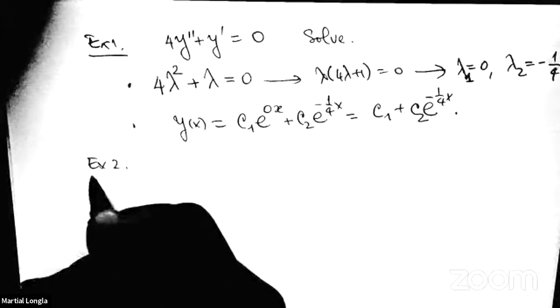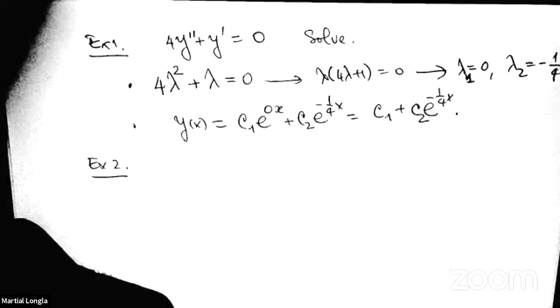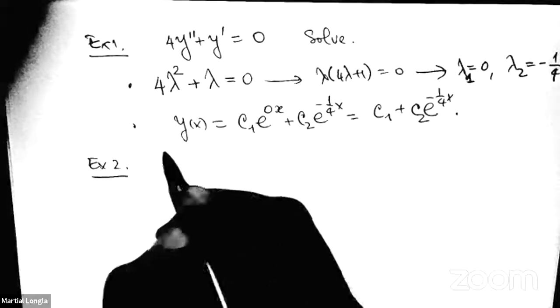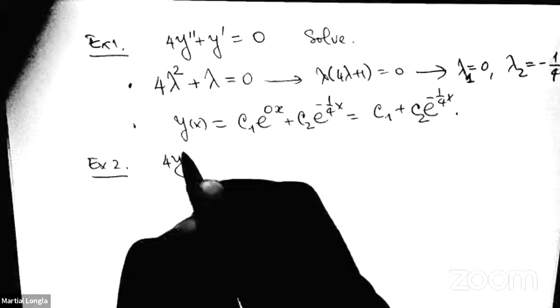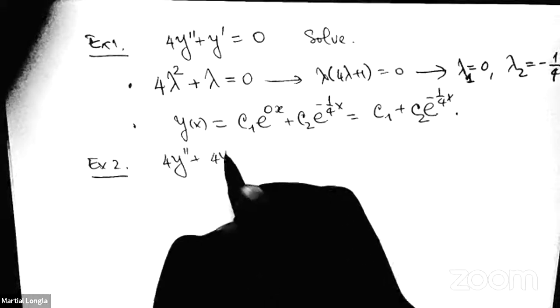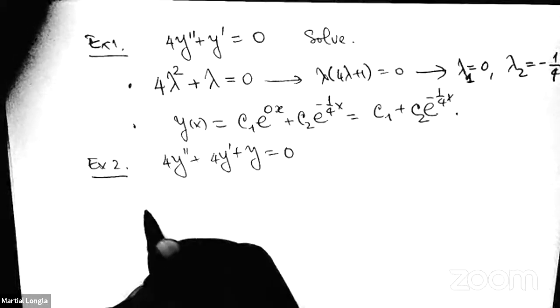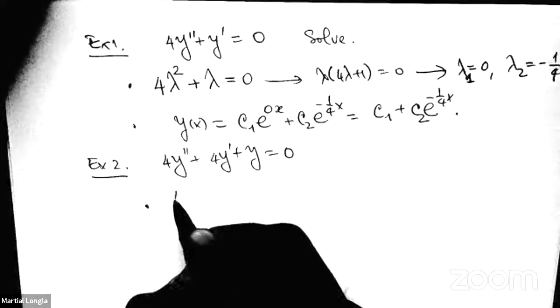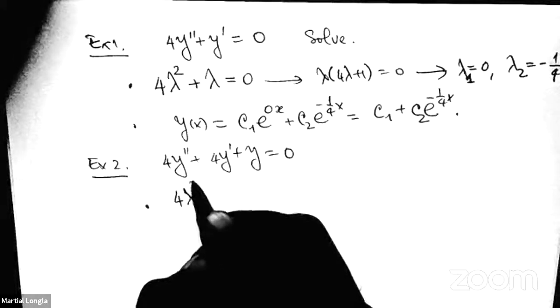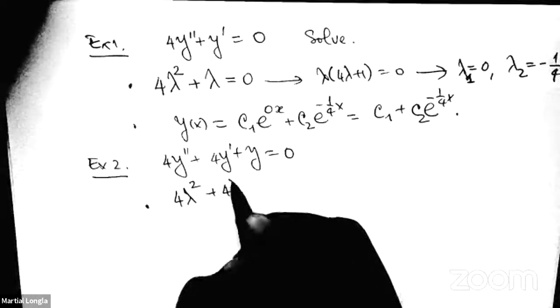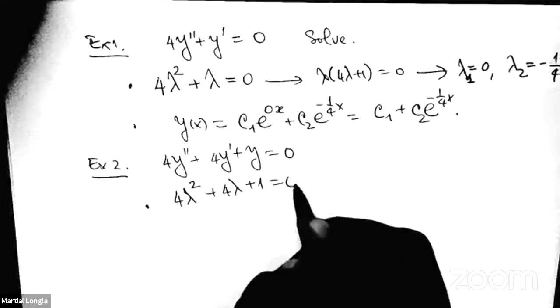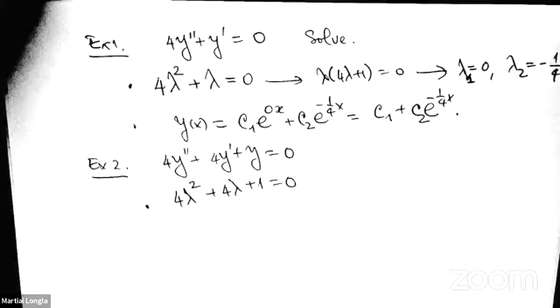Example 2. You can have 4y double prime plus 4y prime plus y equals 0. Again, step 1. Write that Euler equation, 4 lambda squared plus 4 lambda plus 1 equals 0. Solve this equation.